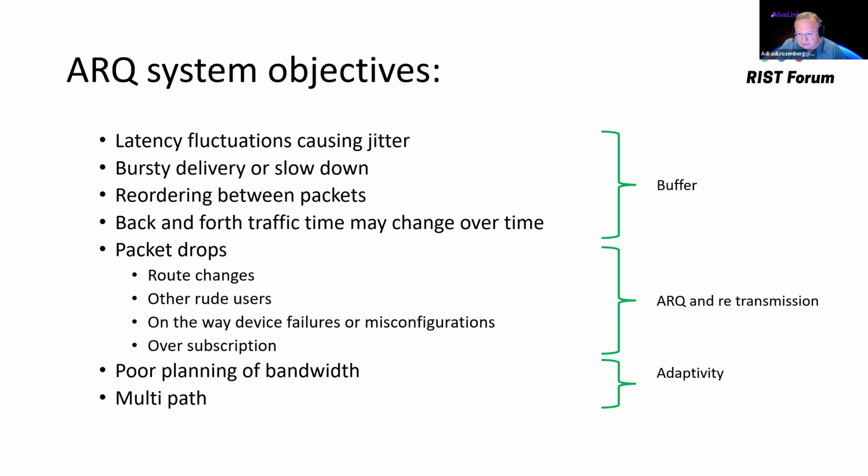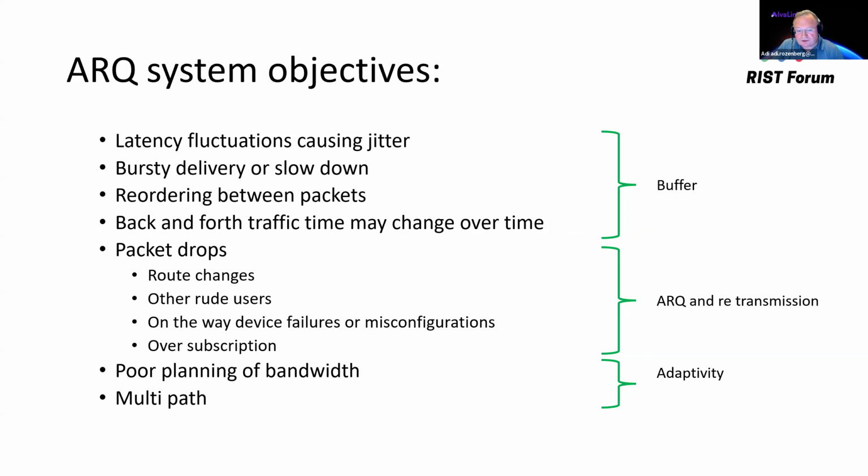For the packet drops, we have the ARQ system. ARQ means that the receiver looks at the packets received and messages the sender that something has changed, please send a recovery or do something to help me. That is the ARQ method, regardless of whether you're using SRT, RIST, ZigZag, or any other technology.